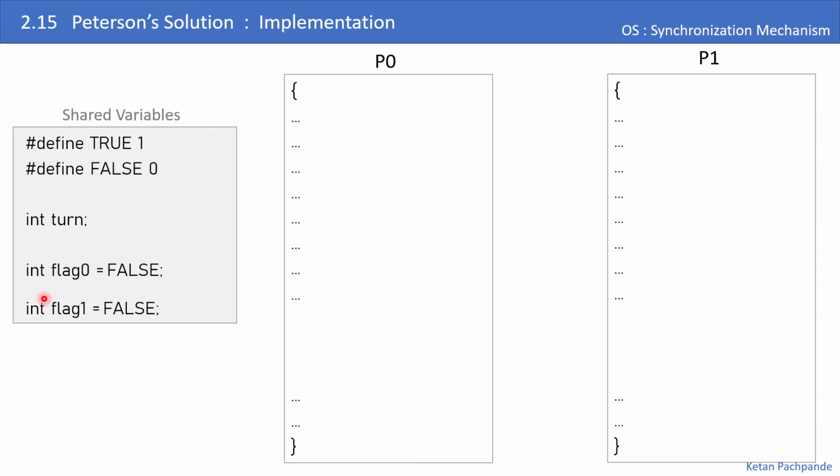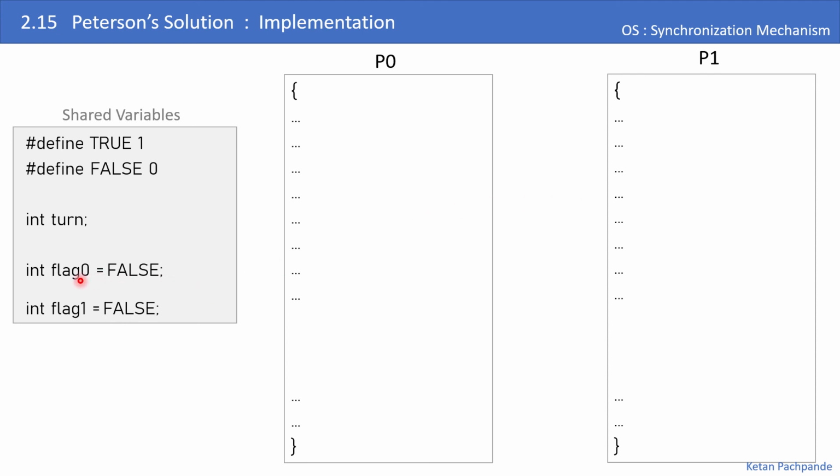There are two variables, integer flag 0 and integer flag 1. Both the flags are initially initialized to false.